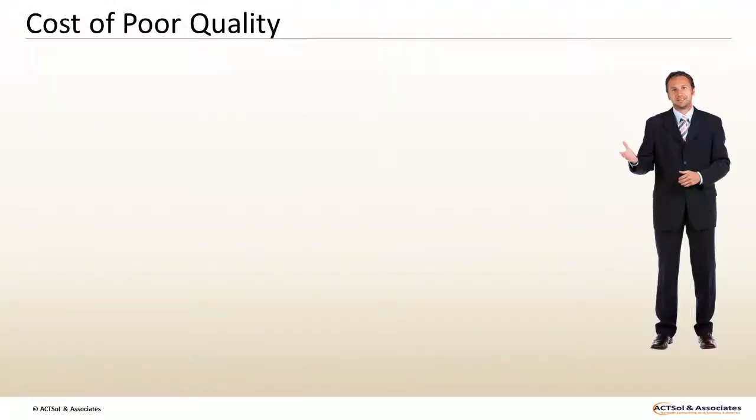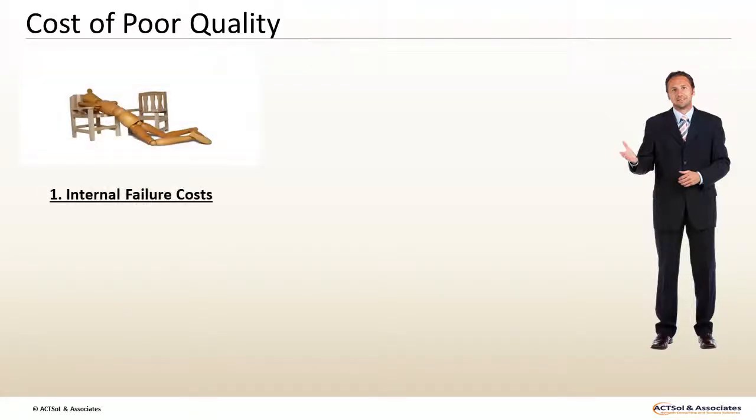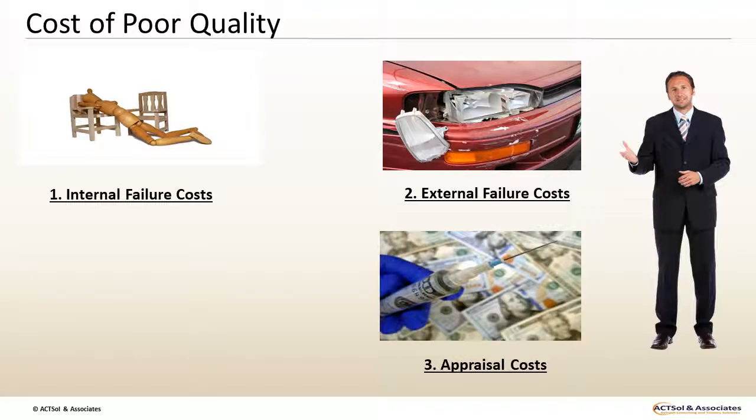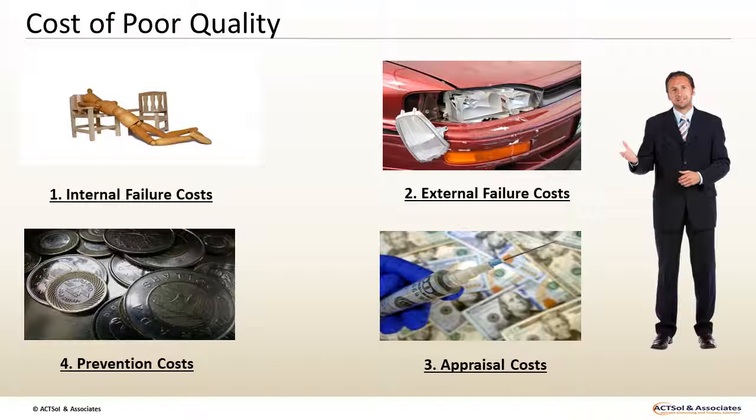For ease of understanding, we classify it into 4 major categories. They are: number 1, internal failure costs; number 2, external failure costs; number 3, appraisal costs; and number 4, prevention costs.